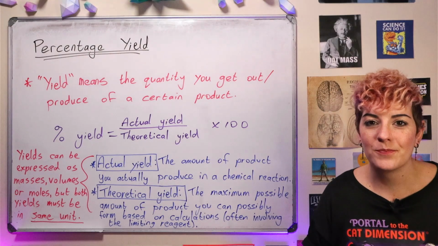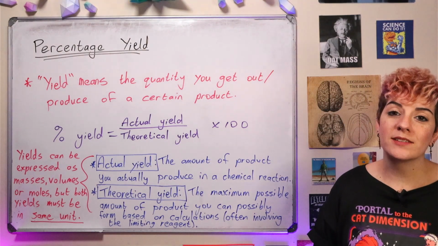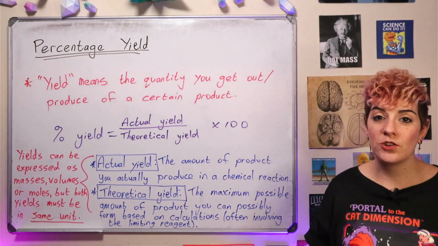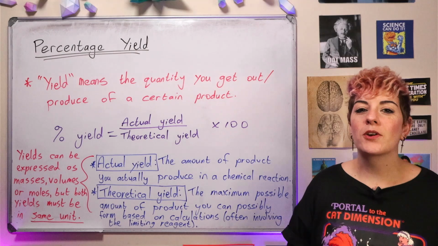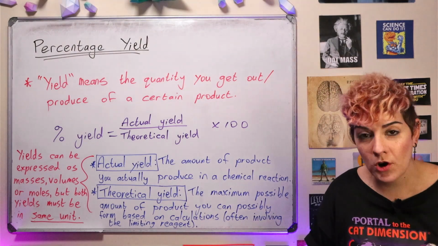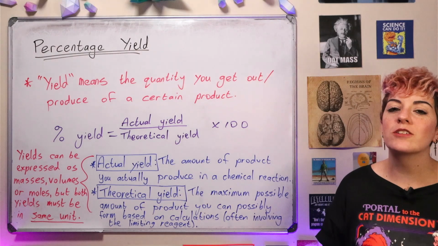The maximum possible quantity of a product that you can produce is called your theoretical yield, because that's the maximum quantity you can produce in theory based on calculations.